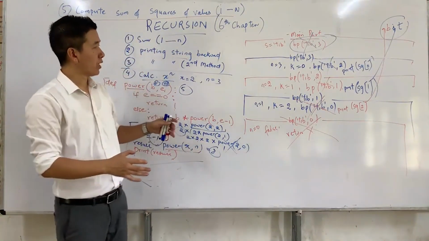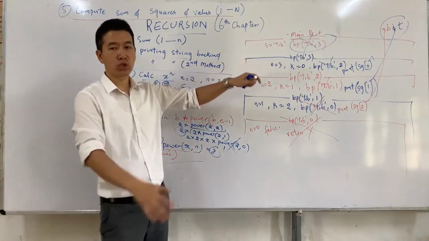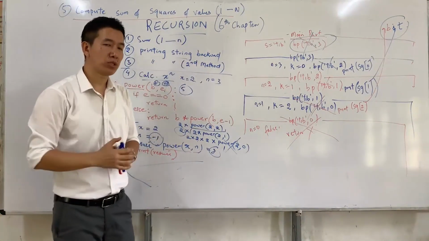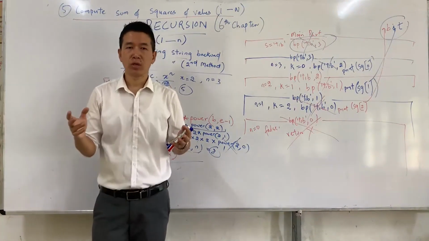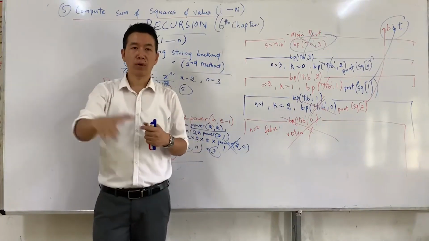And then when you try to understand these programs, if not for the drawing of the frame and the drawing of the stack, it's literally impossible for you to understand the program. You need to do a lot of imagination. Okay, so at some point your imagination will come crashing.